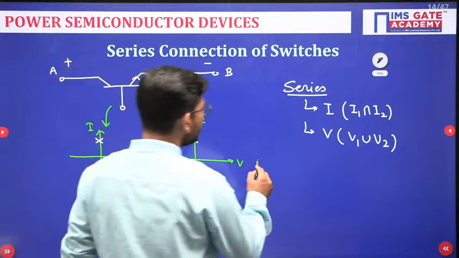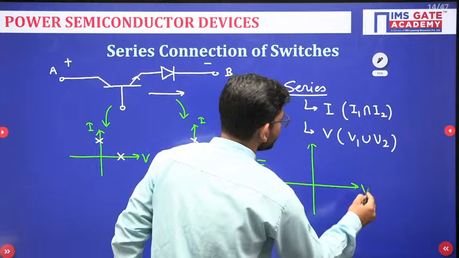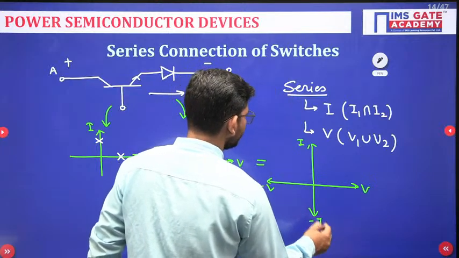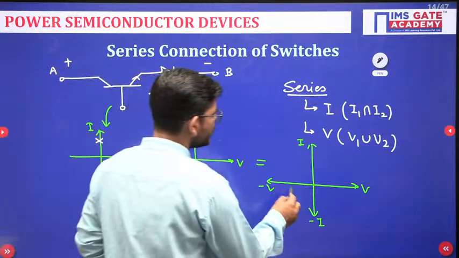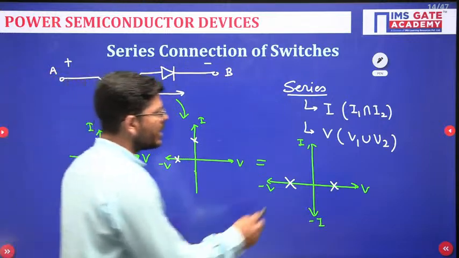So what will be the switch realization of this combination? It will be like this. Just see, both types of voltages we have to take. So we have positive and negative, we will take both voltages. Same current we have to take, so current we have only positive.